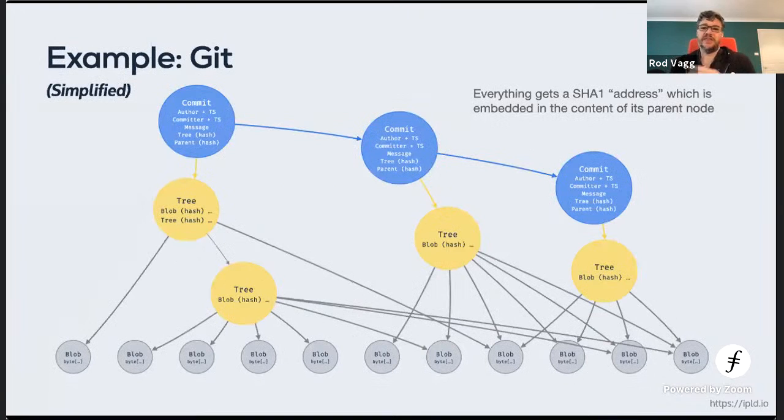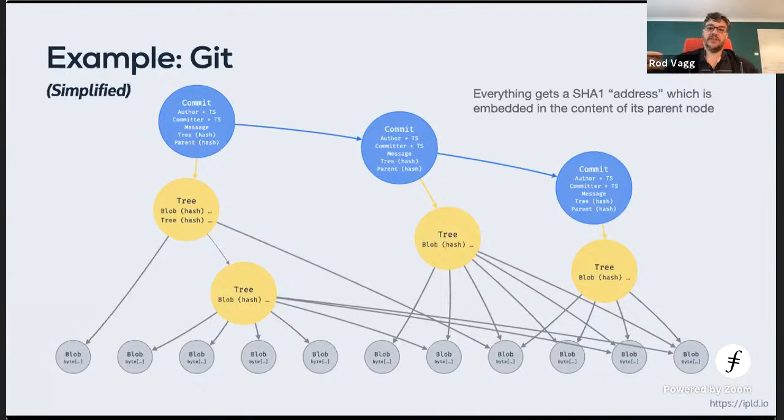This might be familiar if you know anything about Git. So Git, this tree looks very similar, a little bit more complicated. But in the lower levels of the Git format, we find exactly the same thing, where you have what are called trees, and these are essentially directories. And the trees point to blobs, which are essentially files. And you can have trees pointing to other trees, but all the way at the bottom, you have these blobs.